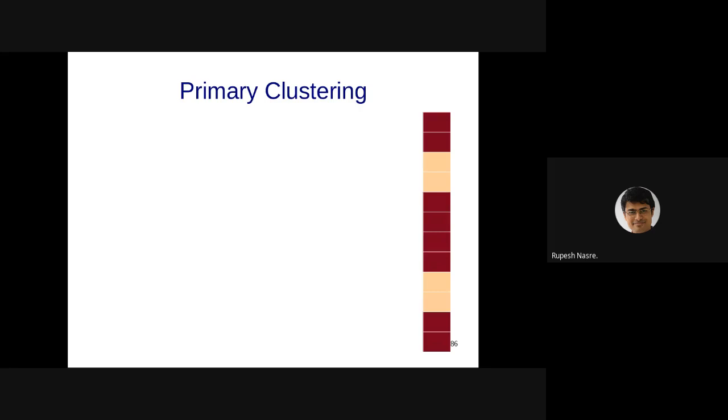The other disadvantage is what is called primary clustering. What do we mean by primary clustering? If you look at the way linear probing looks for an empty cell, it is going to hash to some value, and then it is going to look for the next possible element, right?